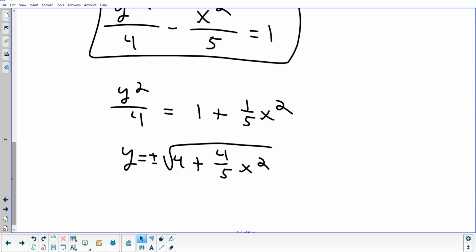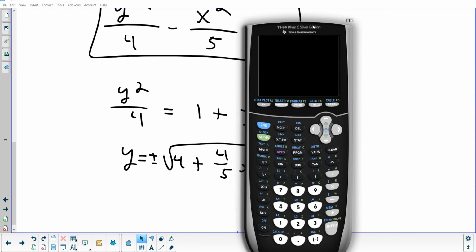So there's the equation of a hyperbola. Not how I think of it. I think of it like what's in the box. But if you had to graph. All right, let me get my calculator. Now, does a hyperbola pass the vertical line test?